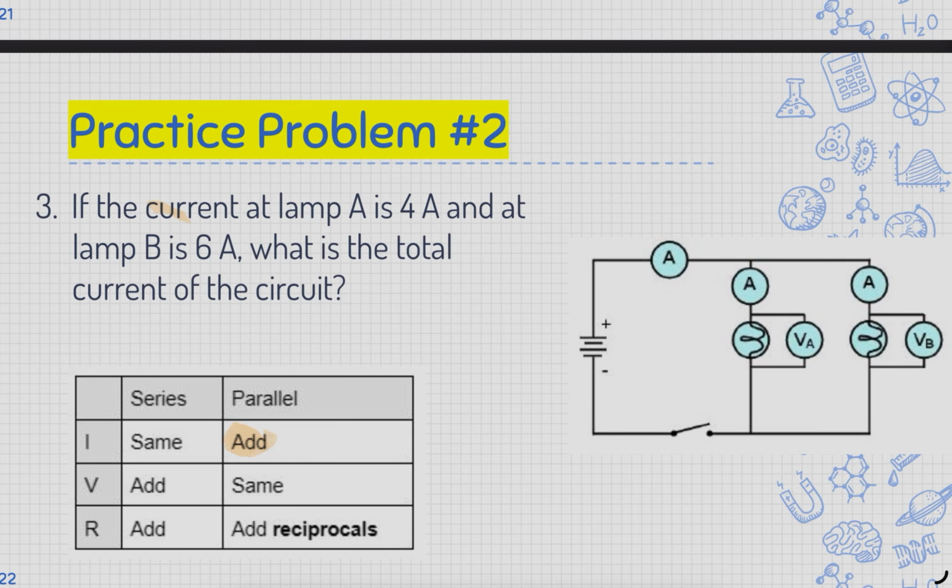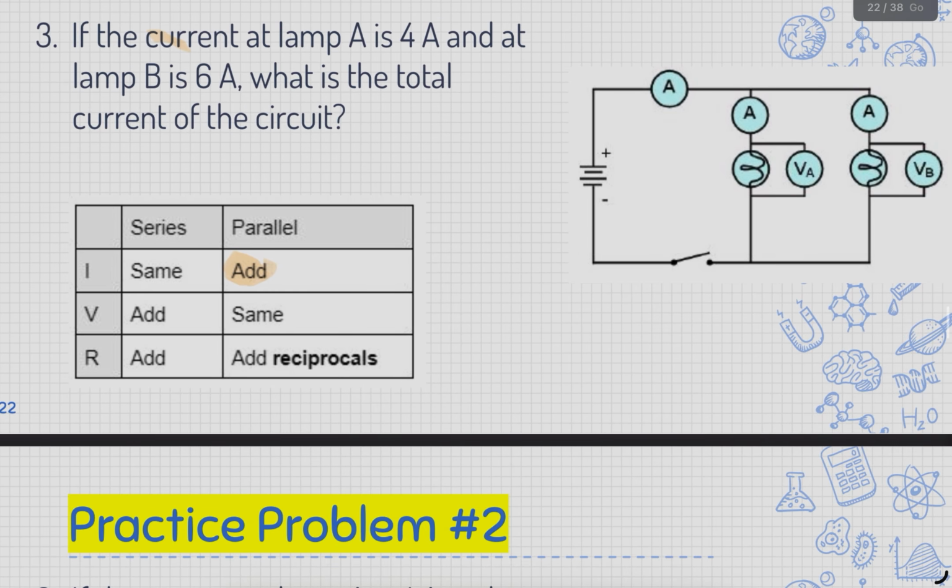IT, since when it's in parallel, you add it up. The total current is just going to be 4 plus 6, based on the values it gave us for lamps A and B. You should also preferably write A beside it, so it's 10 amperes.